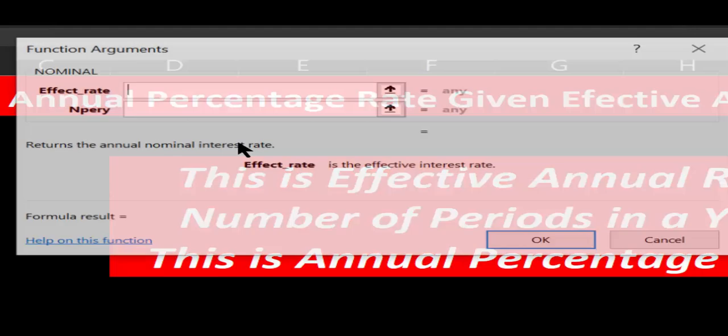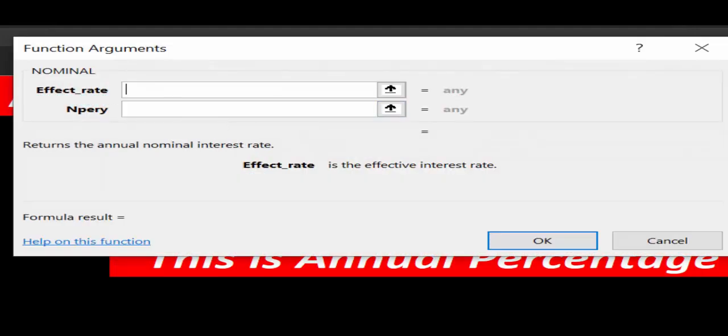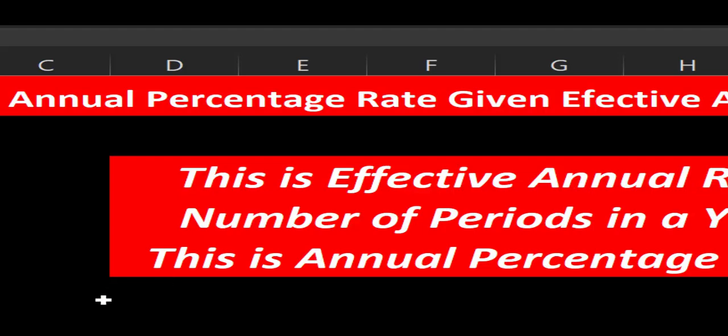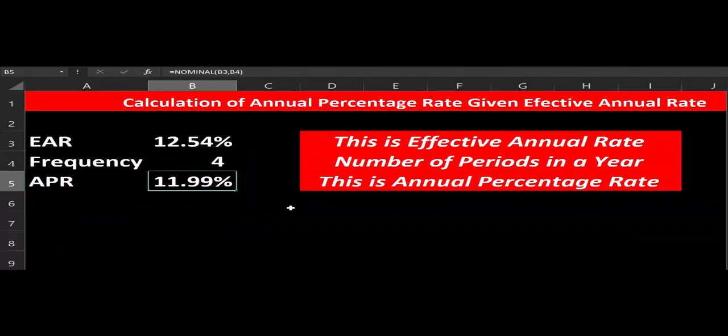Effective rate is our input, and frequency is 4. Hit OK, and it's 11.99%. So it is that simple. If you have a 10% effective annual rate, monthly, the corresponding APR would be 9.57. You can play around with these.